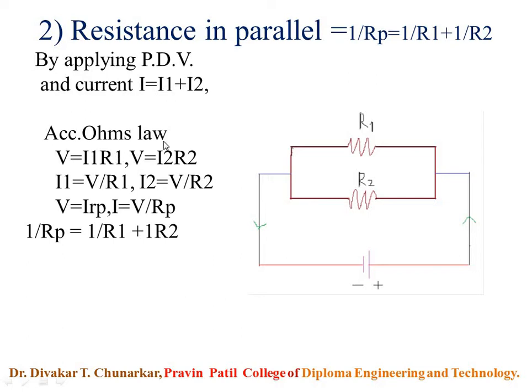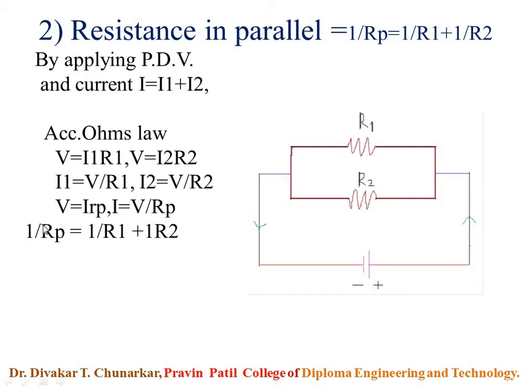We put both values of I1 and I2 in the equation I equal to I1 plus I2. Therefore 1 upon Rp equal to 1 upon R1 plus 1 upon R2, and this is the resistance in parallel.